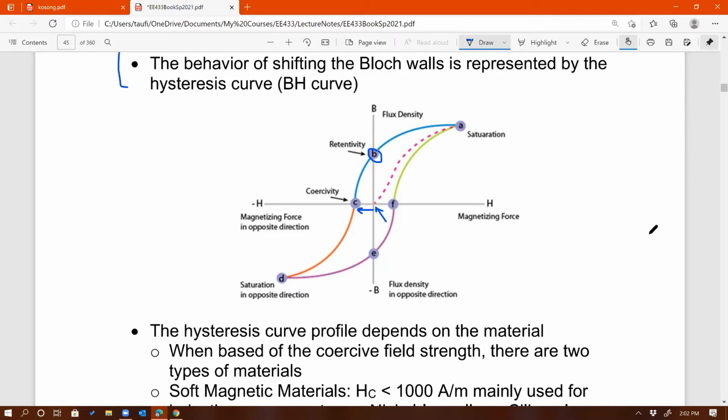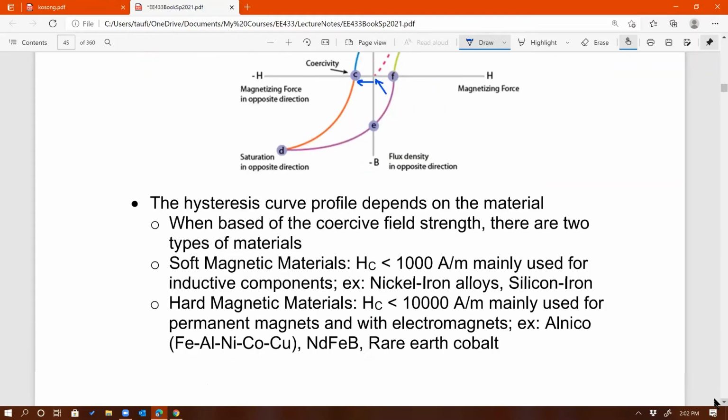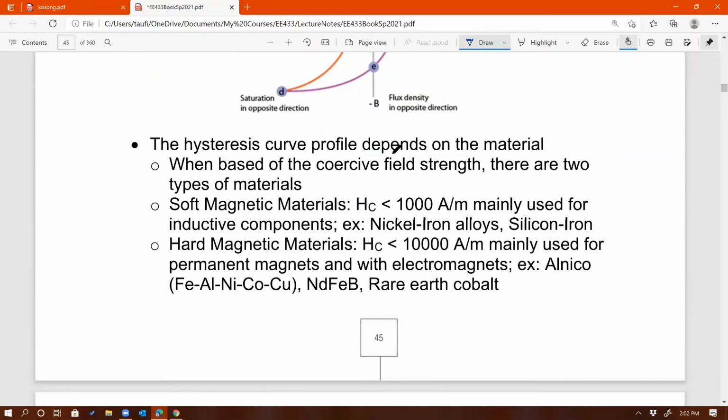That's the more practical side of this hysteresis curve, which I'm more interested in. The hysteresis curve profile depends on the material used. For example, soft magnetic materials will have field intensity of less than 1,000, and are mainly used for inductive components, such as nickel iron alloys and silicon iron.